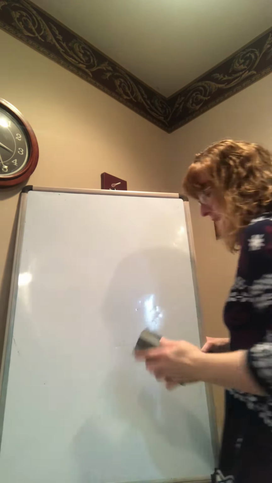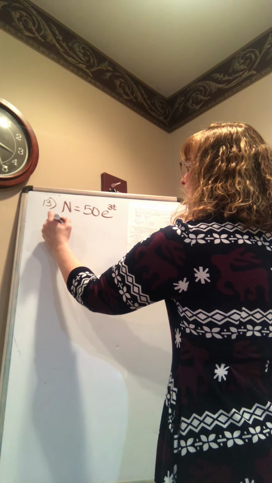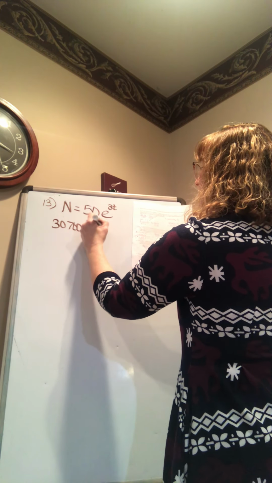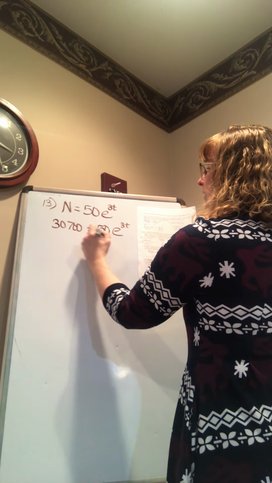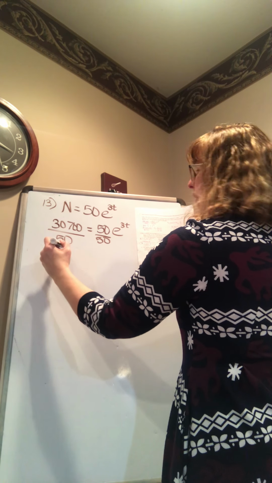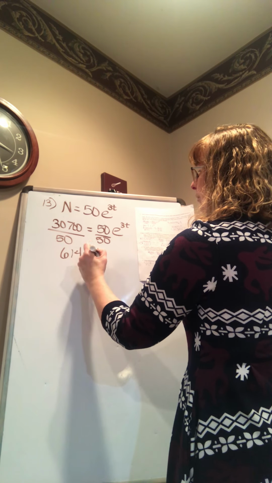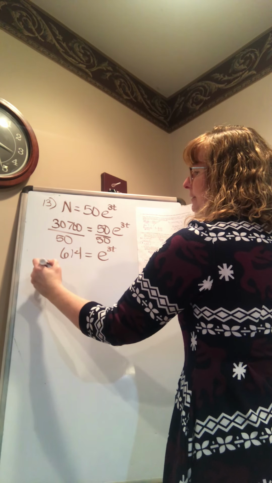Okay. So the number of bacteria is given by this formula. You have n is equal to 50 e to the 3t, and now they want to know about 30,700 from the 50 that you had begun with. Divide by 50, and you have 614 equals e to the 3t.